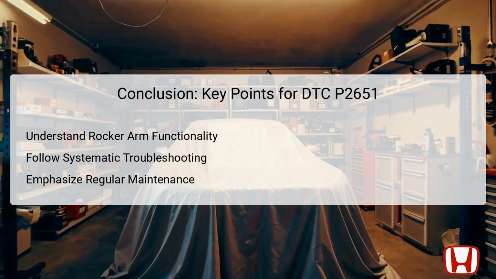Recognizing the roles of the rocker arm oil pressure sensor, rocker arm oil control valve, and VTEC system oil passage ensures thorough evaluations, leading to informed repairs. Emphasizing the importance of regular maintenance practices further reinforces the vehicle's health, reducing the chances of future occurrences of DTC P2651. By following these outlined steps and preventive measures, Honda CR-V owners can uphold their vehicle's performance and enjoy a reliable driving experience.